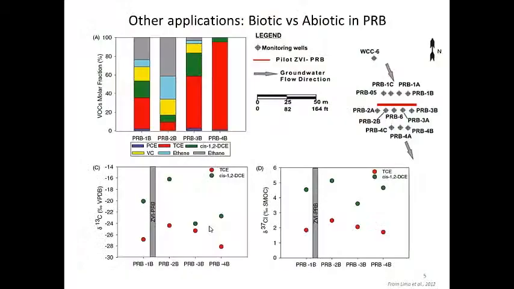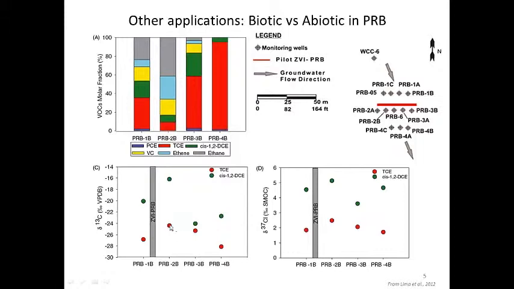Otherwise, we would have got exactly the opposite trend, as shown by the microcosm experiment in the lab, where the isotopic composition of the TCE would have been more enriched than the isotopic composition of the cis-DCE.